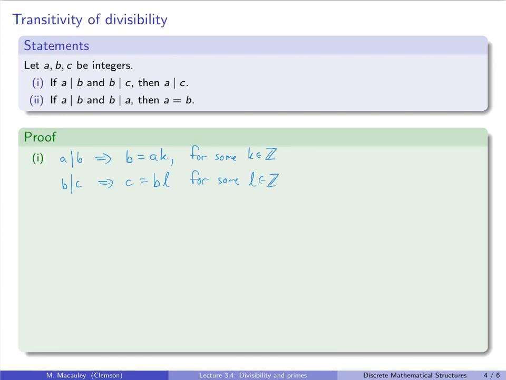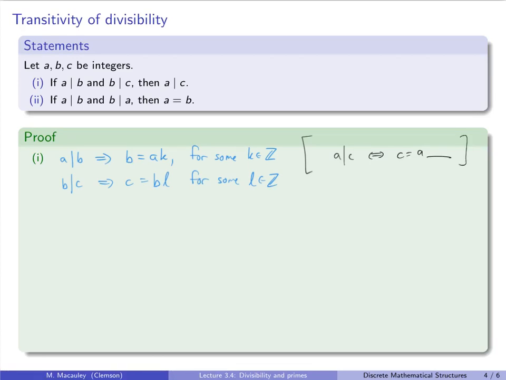Now remember what we're trying to prove. We're trying to prove that a divides c, and that means that c equals a times some integer.